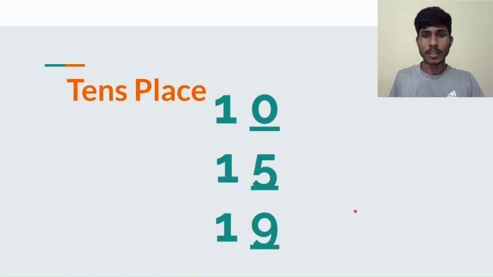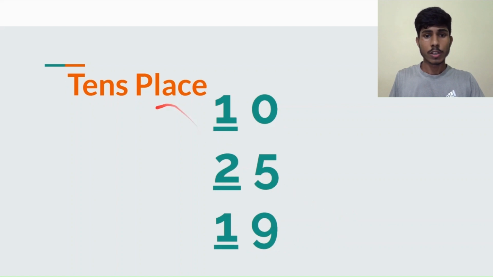So if you have any number, the rightmost digit is said to be in ones place. Okay. And suppose you have this number 10 again, with two digits. The rightmost digit here is 0, so it was in ones place, right? The next digit towards left is 1, so it will be in the tens place. This was in ones place and this one is in tens place.